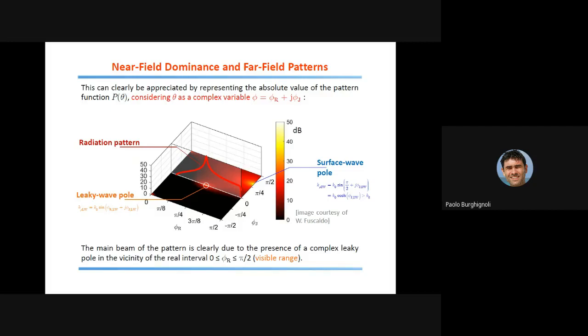So actually, leaky waves are used in a bunch of applications. The main point with leaky waves is that exciting a leaky wave is simple. You just need a simple source. And the shape of the radiation pattern is then determined by the leaky wave number.